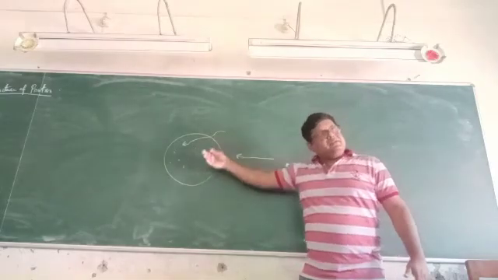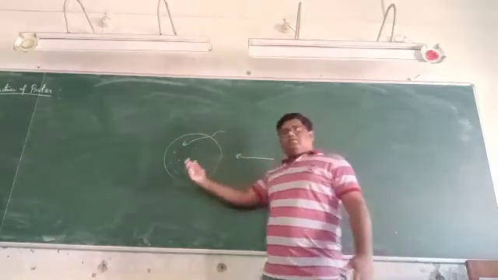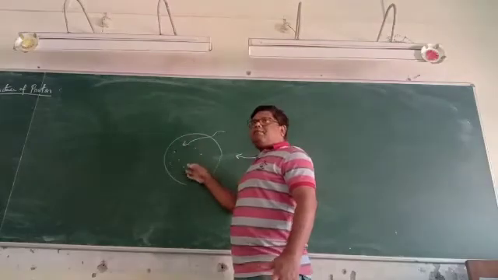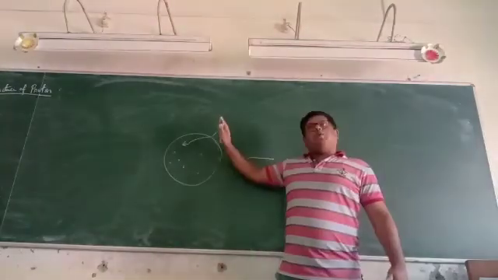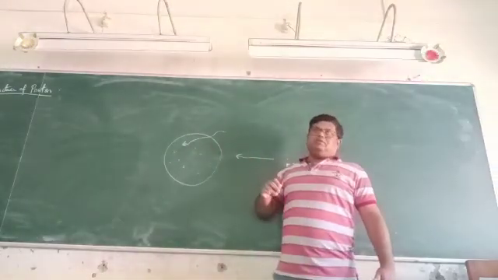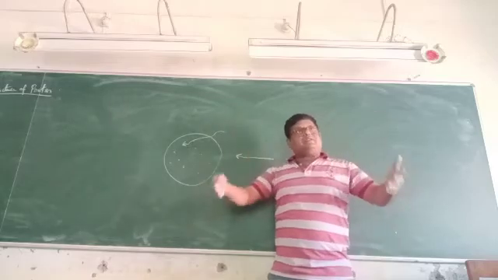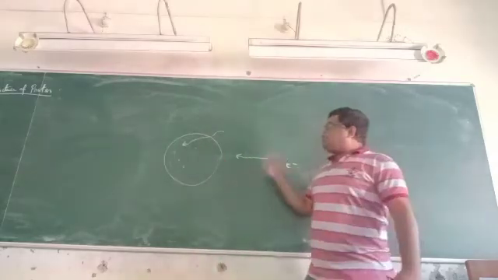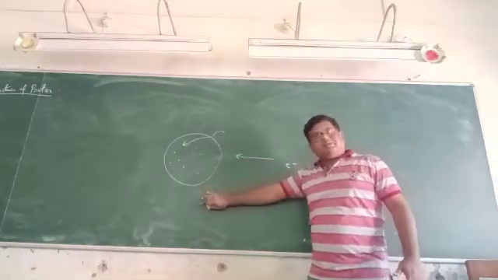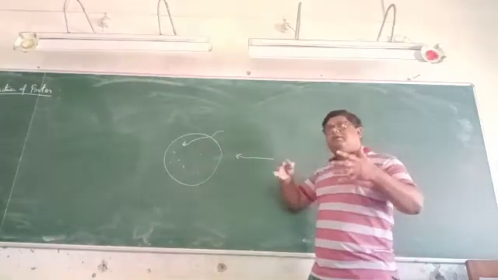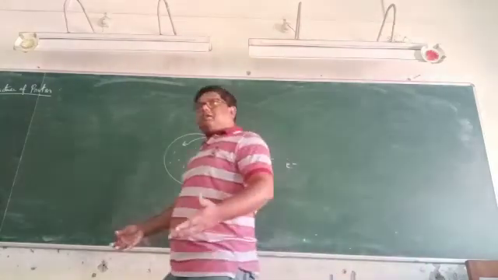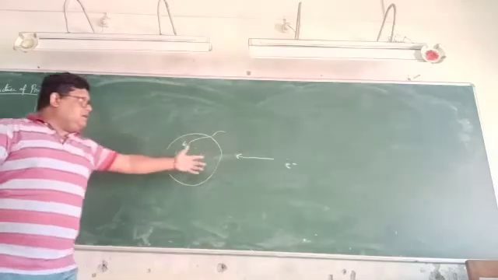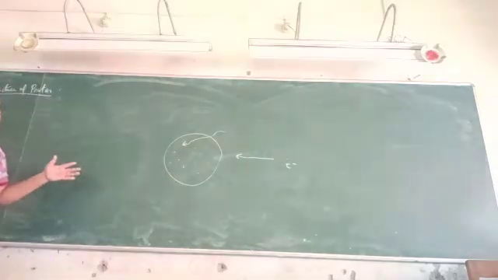Later on it was known that these point-like particles are basically quarks and gluons. So this is how the thing is evolving. This is what we will be doing in this class. So we will be talking about the existence of these partons through the scattering of electron on proton.